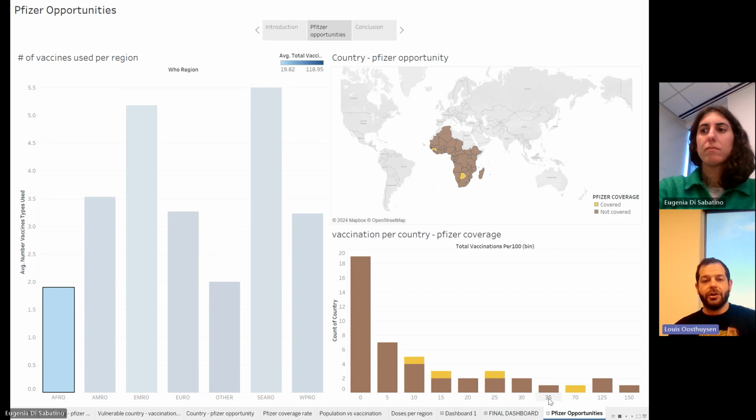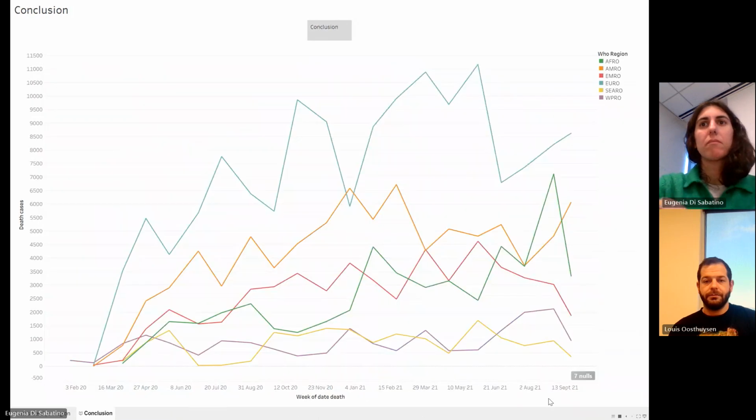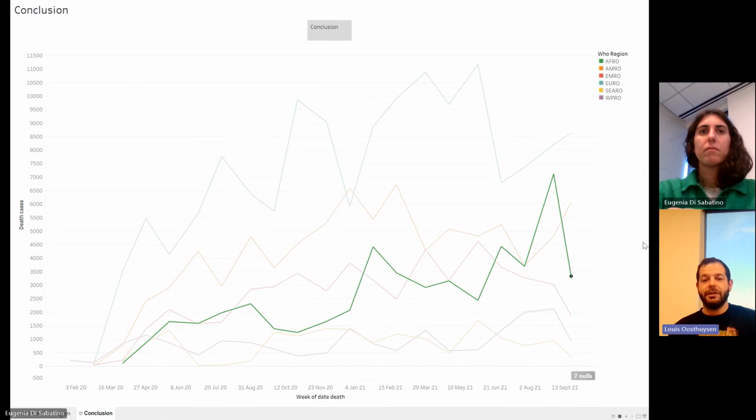However, as shown in the trend line, it is important to note that despite the global trend of decreasing deaths with increasing vaccination rates, Africa's death trend continues to rise due to its low vaccination rate. This underscores the urgent need for Pfizer's presence in Africa to address the growing demand for vaccines and contribute to reducing the impact of COVID-19 in the region.